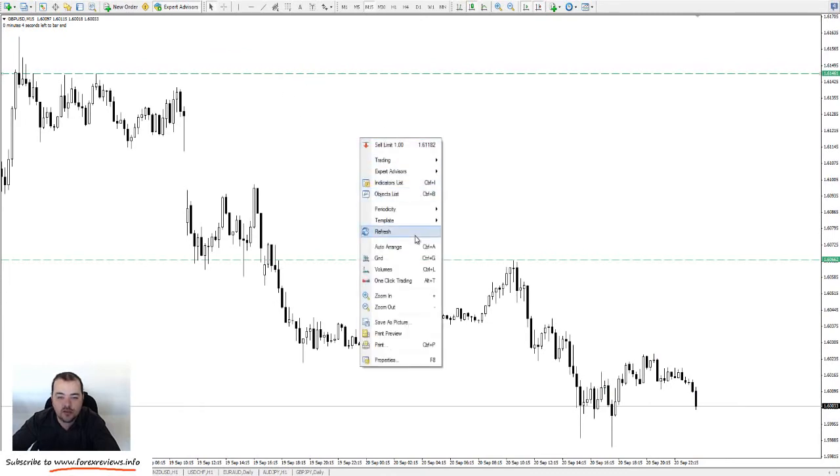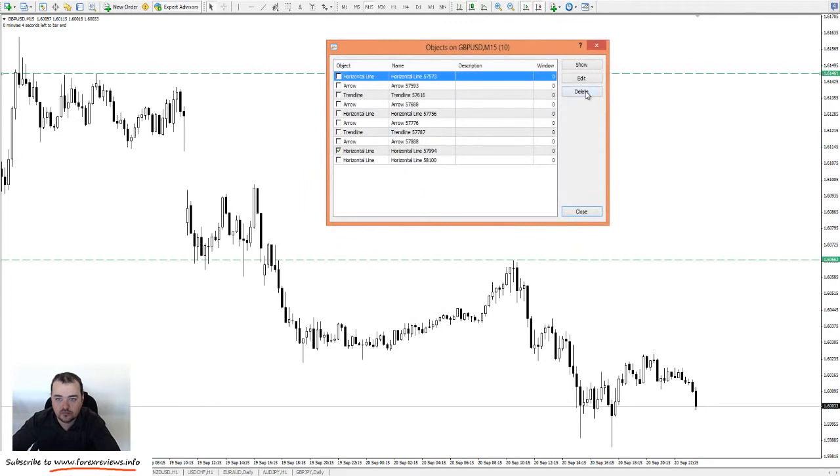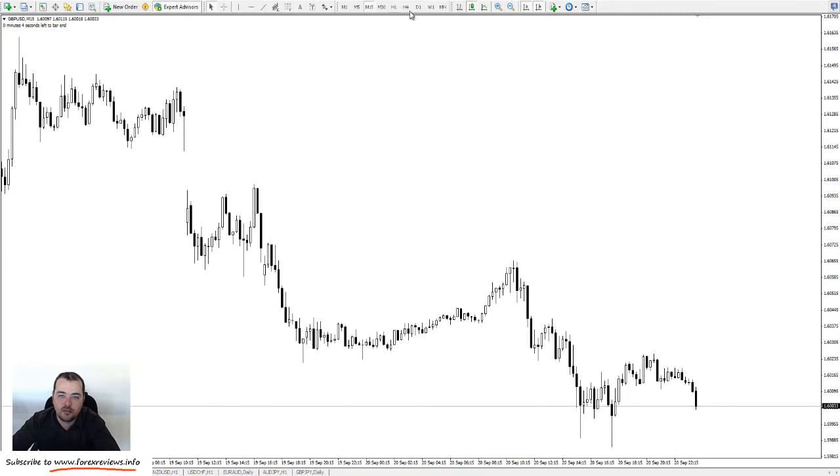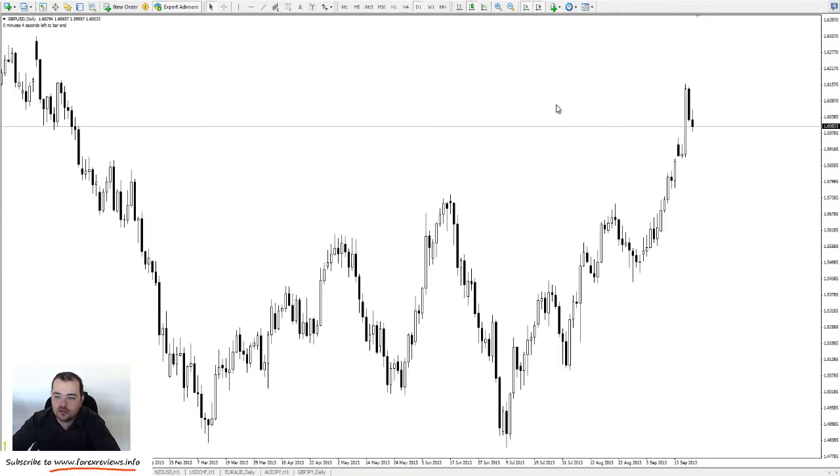Now I'll show you a different aspect. Let me just get rid of everything. Little tip. What you can do, okay, this is the daily chart, right? So we'll just draw those lines in again.